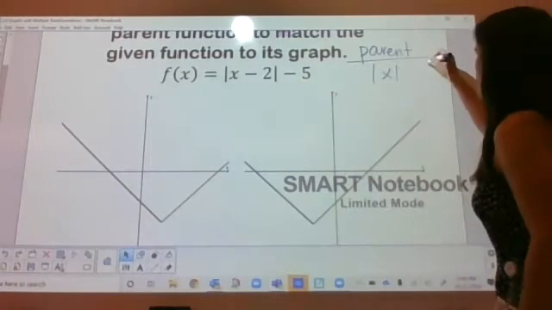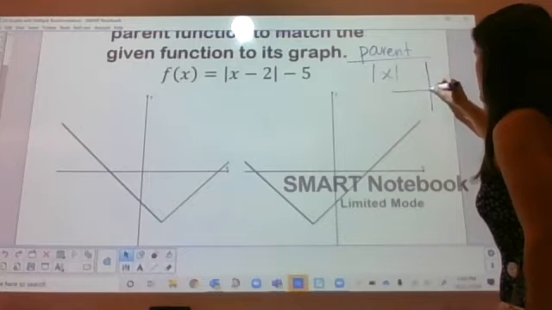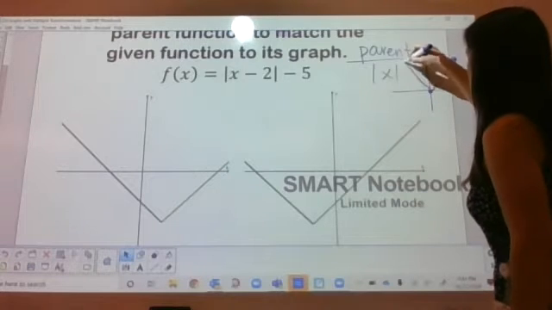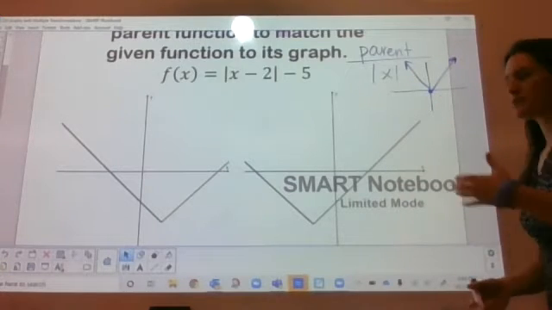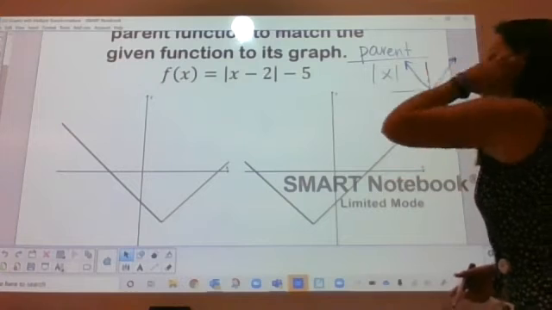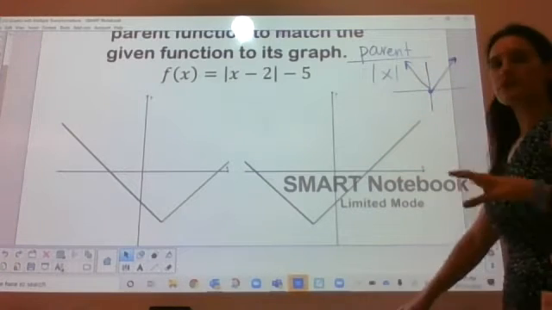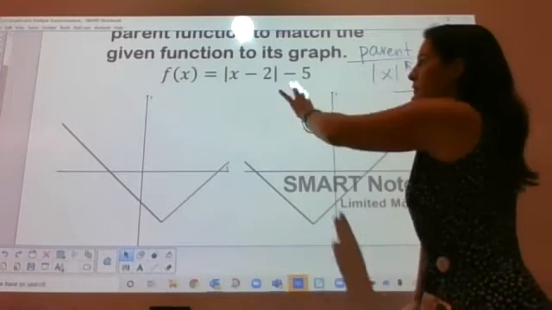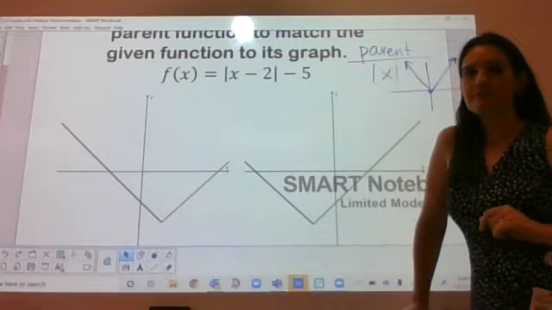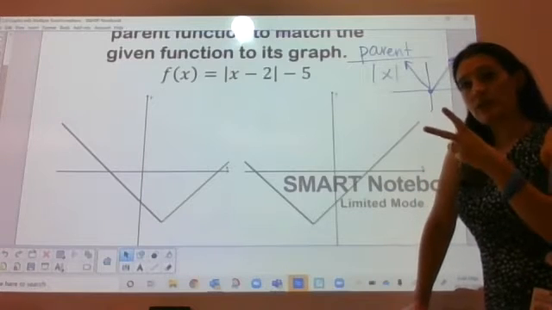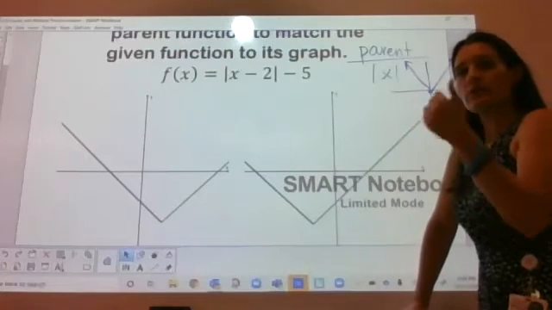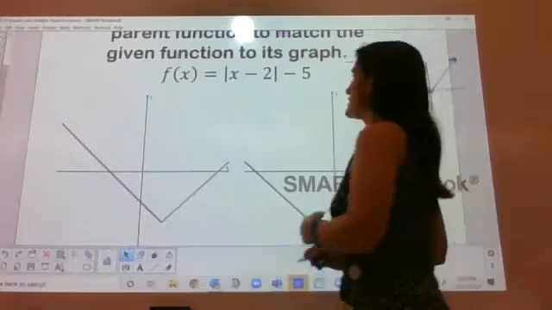And the absolute value of x parent shape looks like that. Okay, it's a V. And so you see both of these are V's, right? So here, how many transformations do you see? How many times has it been modified? 2 times, right? There's a -2 and there's a -5.